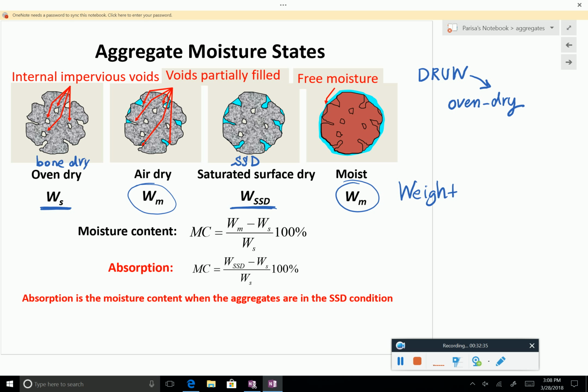This is very important. Why? Because depending on the moisture state, if you use the aggregates, let's say in a concrete mix, if they are less than saturated surface dry, they want to first absorb water to become saturated, then the rest of the water is available for workability.